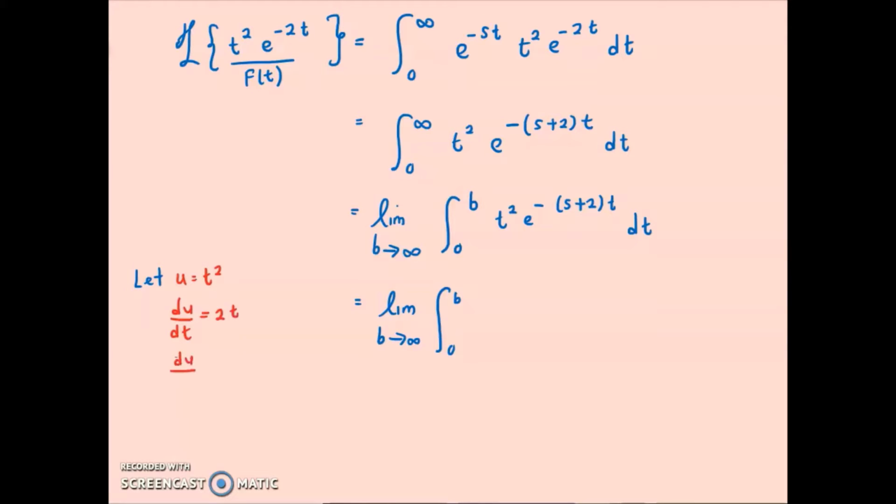So du over 2t is dt. And then dv equals e^(-(s+2)t). This is u, this is dv. We're differentiating this and integrating this. Integrating dv gives you v, which is e^(-(s+2)t) over -(s+2).